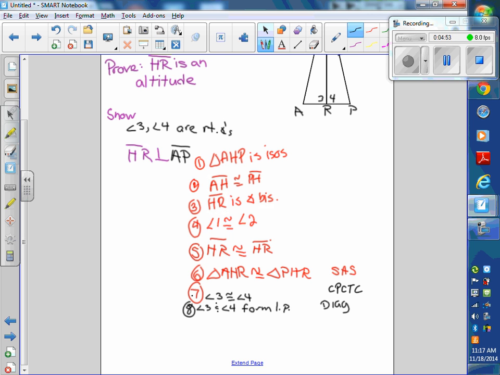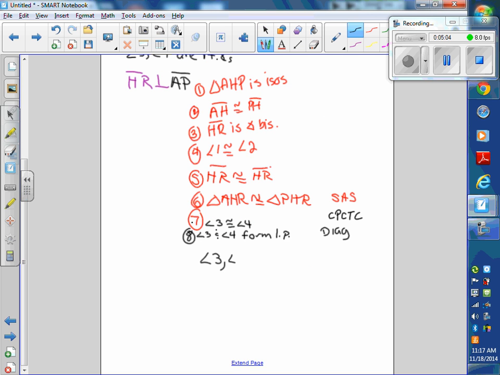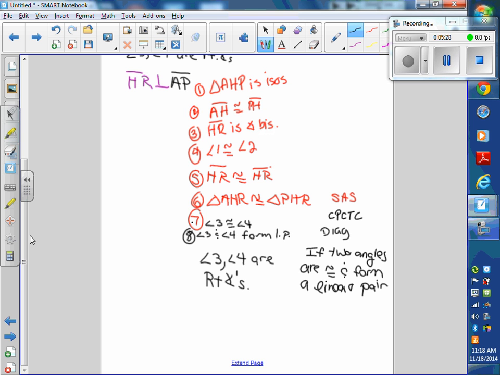So if two angles form a linear pair and are congruent, then they have to be right angles, right? So then we say angle 3, angle 4 are right angles. And we say if two angles are congruent and form a linear pair, then they are right angles.